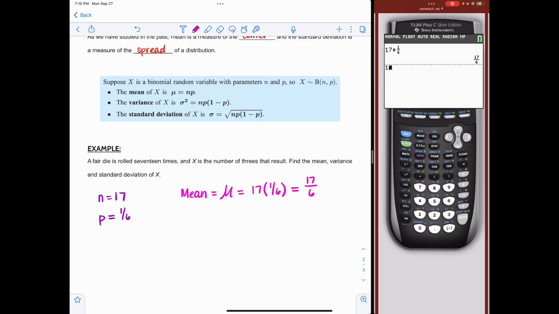If I wanted it in decimal form, I could just do 17 divided by 6, which gives approximately 2.83 in 3 sig fig. That is my mean. You can leave it as a fraction or put it as a decimal. It does not matter.